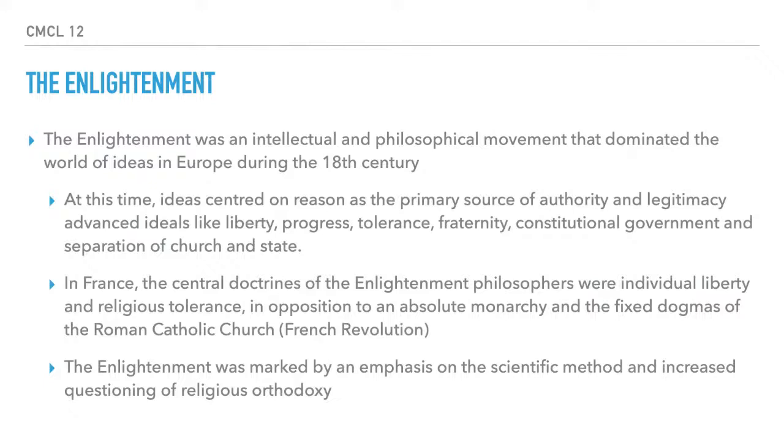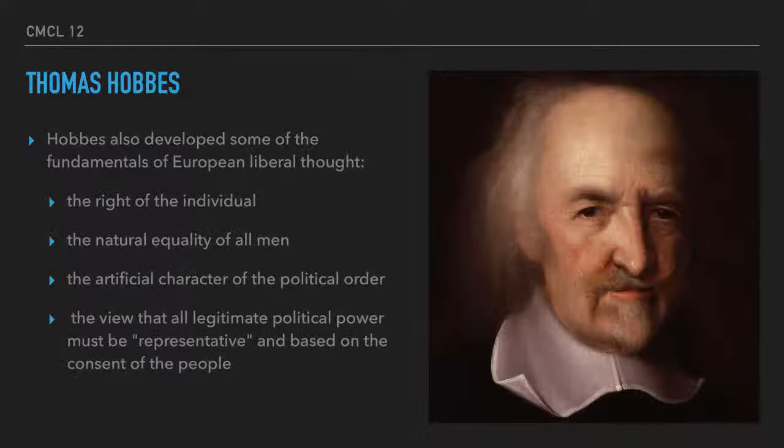And so the Enlightenment is a period in 18th century Europe where a lot of those ideas that came to us from ancient Greece, the ideas about liberty and government and reason and logic, democracy, all of those ideas are kind of reborn during the Enlightenment.